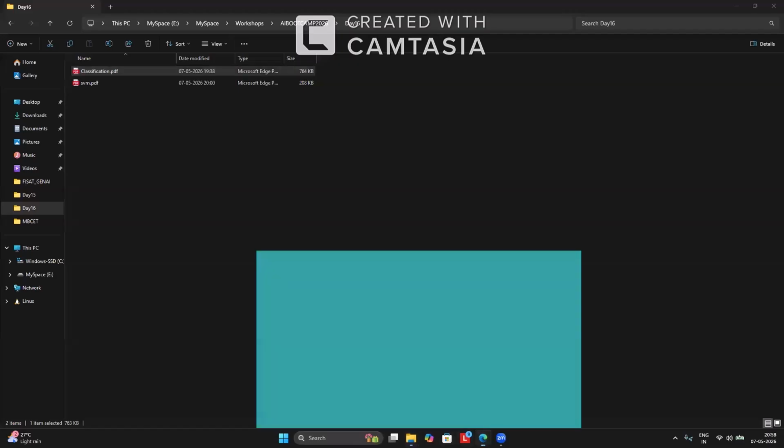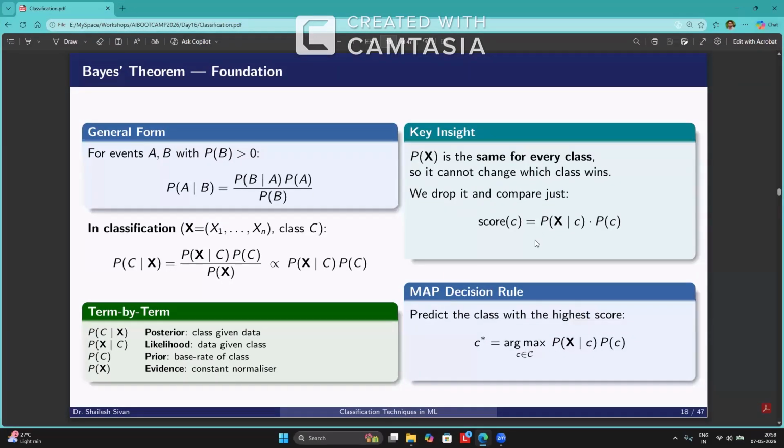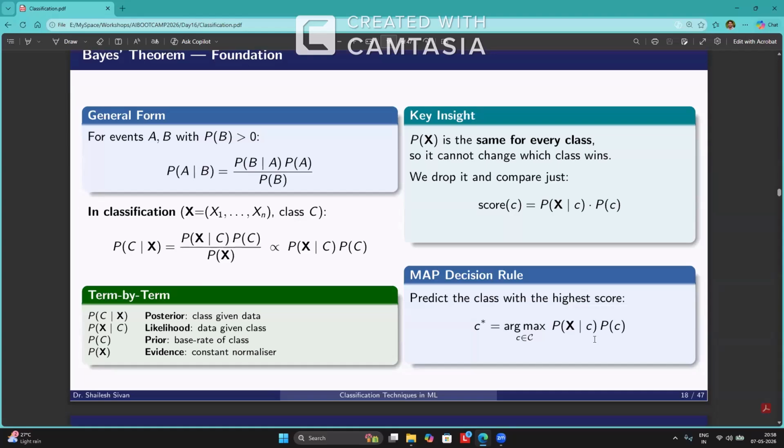So now you can understand, right? The score of C is equal to probability of X given C into P of C, where C is the class we are considering. The class C star is the class which gives this probability maximum.